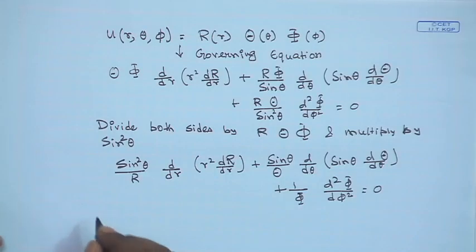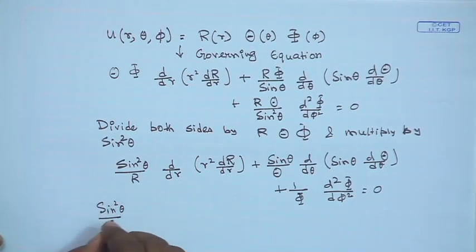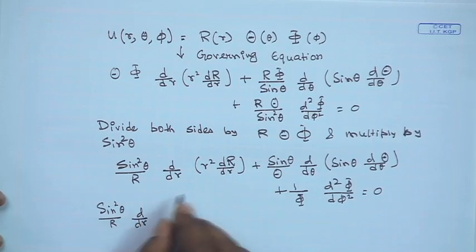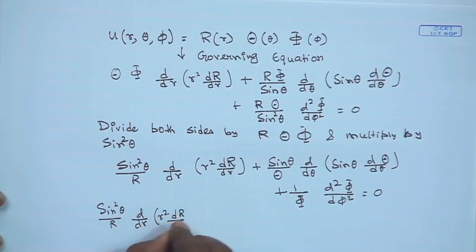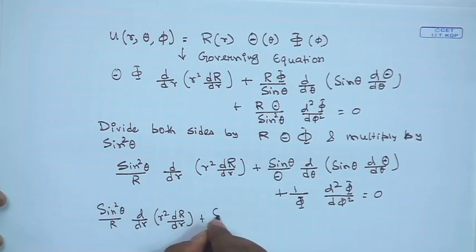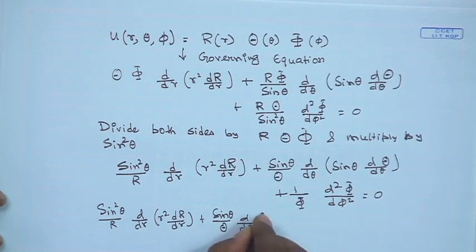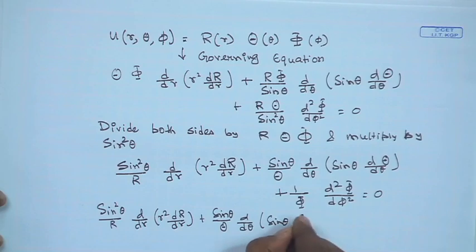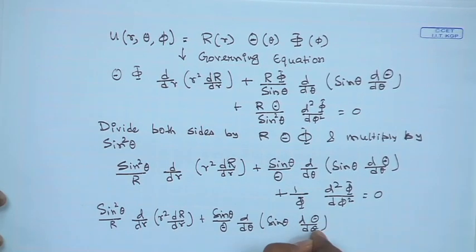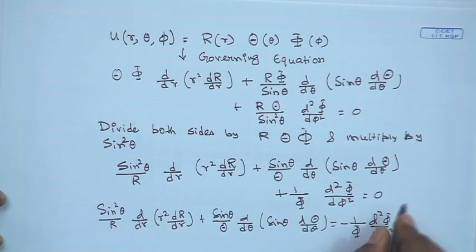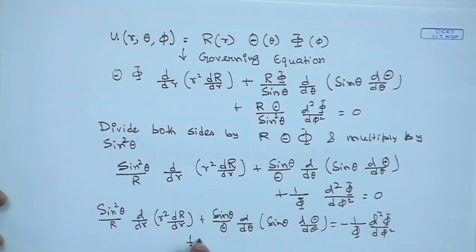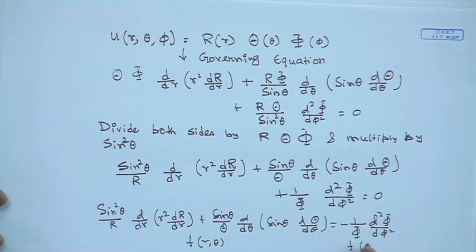So, let us write it in a special form, that sin square theta by R d/dr of (r square dR/dr) plus sin theta by Theta d/d theta of (sin theta d Theta/d theta) is equal to minus 1 over Phi d square Phi/d phi square, so that we can formulate a standard eigenvalue problem. The left hand side is a function of r and theta only, the right hand side is a function of phi only.